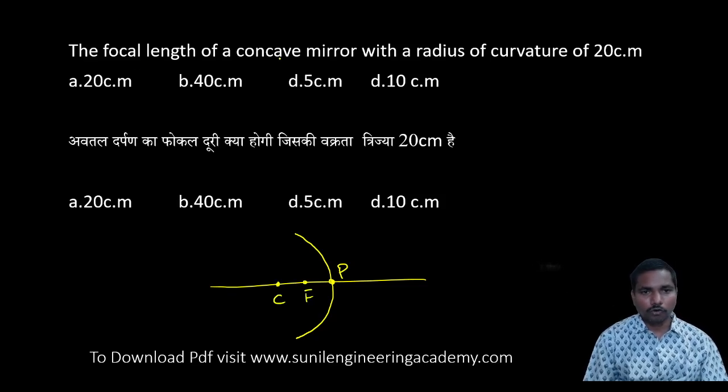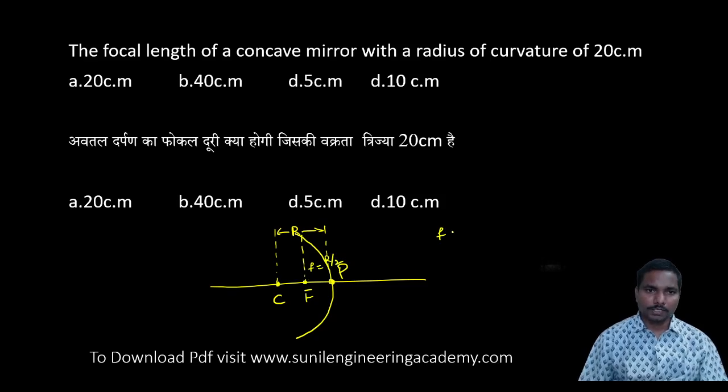What they have given? Focal length. We know from center to pole is the radius. From focus to pole is the focal length, that is radius of curvature by 2. So they are asking focal length, that is radius of curvature by 2, that is 20 by 2, equal to 10 centimeter.